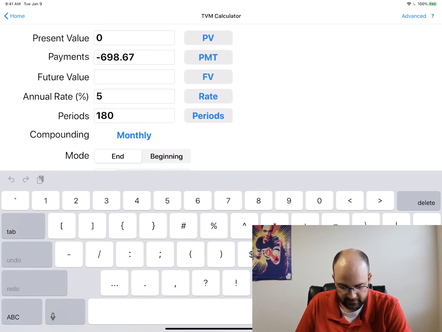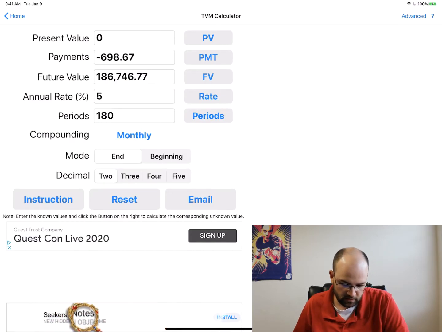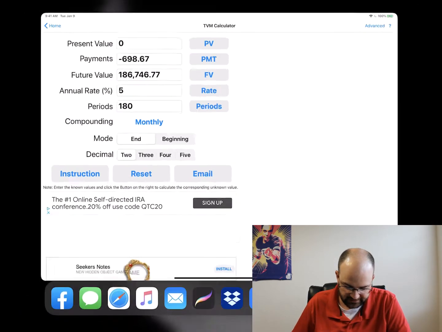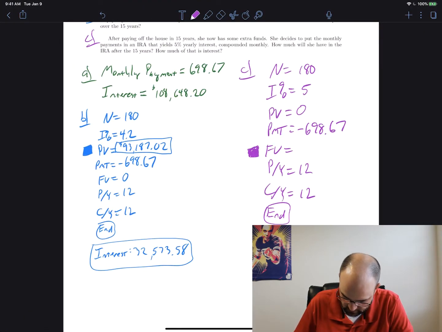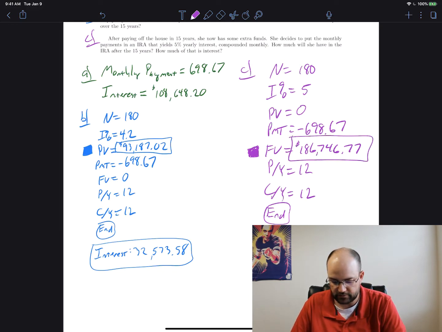And then to figure out the future value, just click on FV. 186,746.77. Good. And that's how much would be in the account after those extra 15 years.